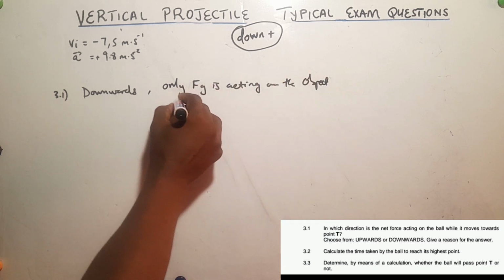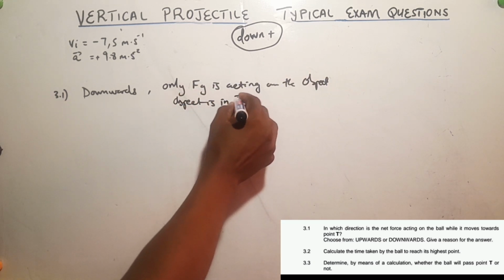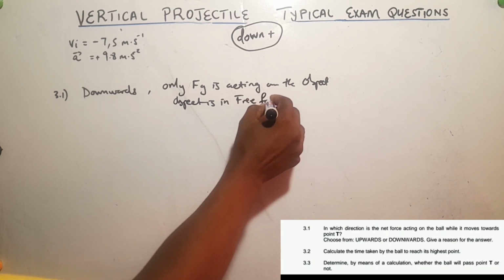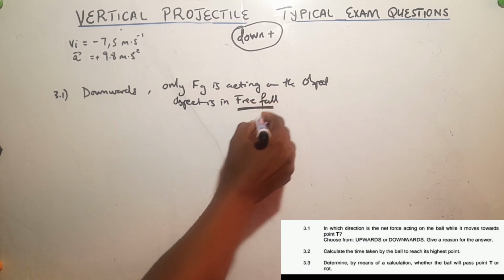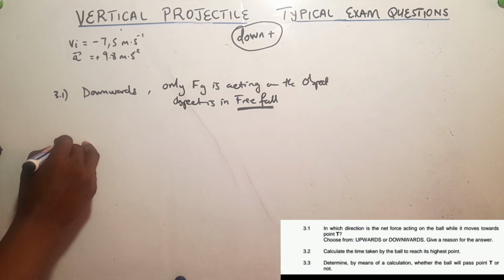Or you can write the object is in free fall. Or you can say this is a projectile object, right? This is a projectile.